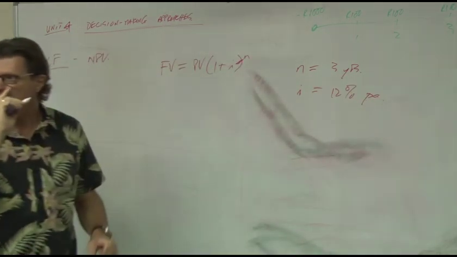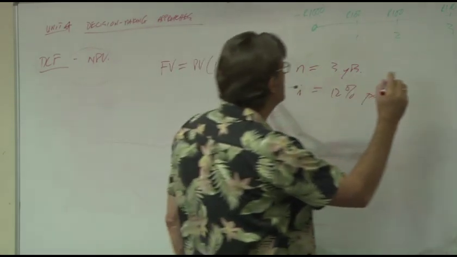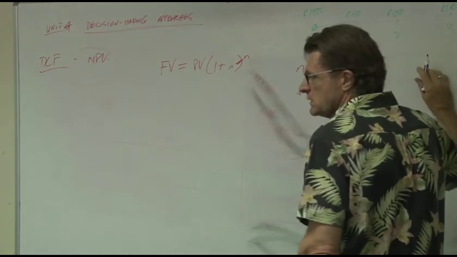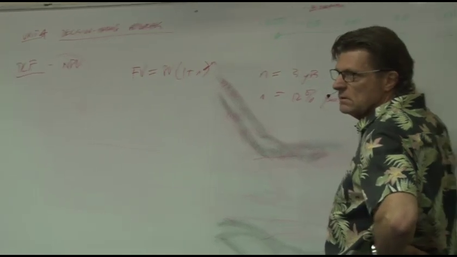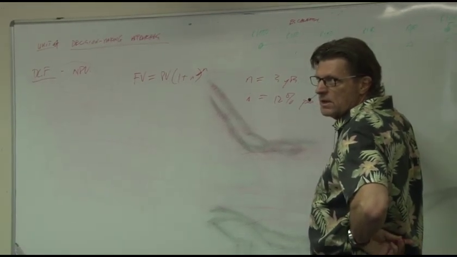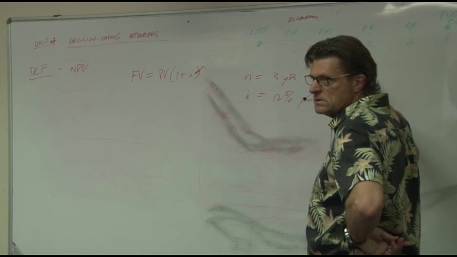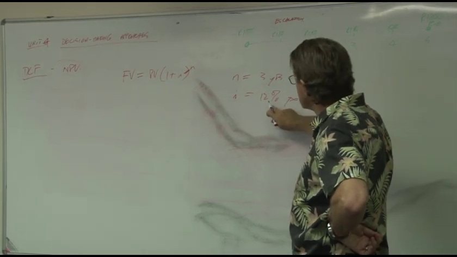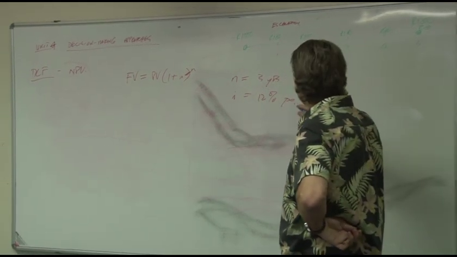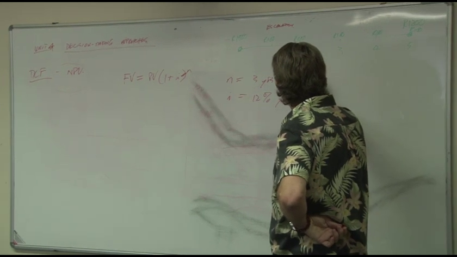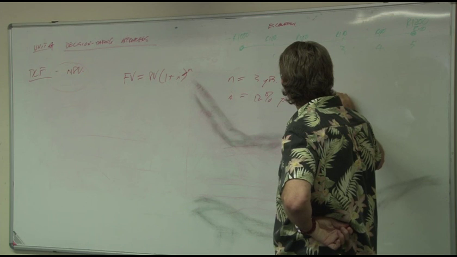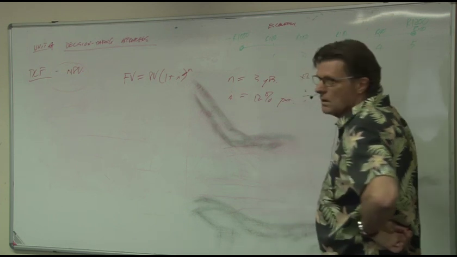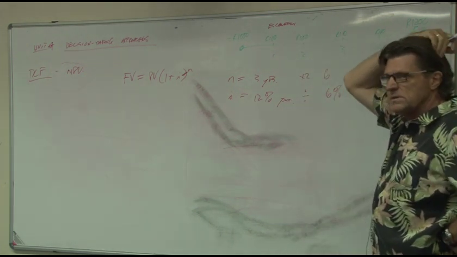If n then changes, say you're looking at every 6 months, then you're looking at 6 periods. You're not looking at 3 periods, you're looking at 6 periods there. So it's every half year you're looking at. And what you must do is divide r by 2. So there n is multiplied by 2, and here r is divided by 2. So then we get 6% every 6 months.